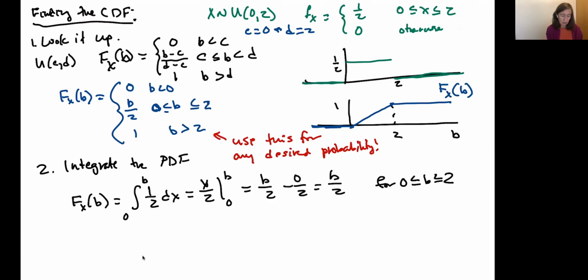So the picture really helps me figure out those parts of the CDF. Okay, finding the expected value is almost the same, but there's one little difference. All right, so let's go to that.